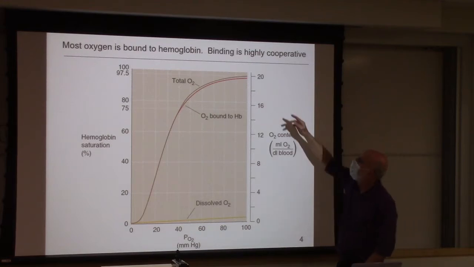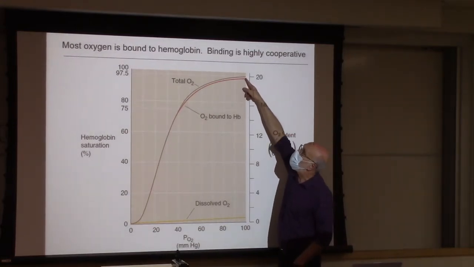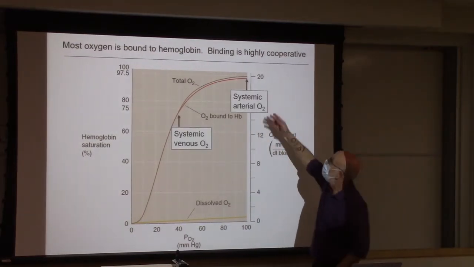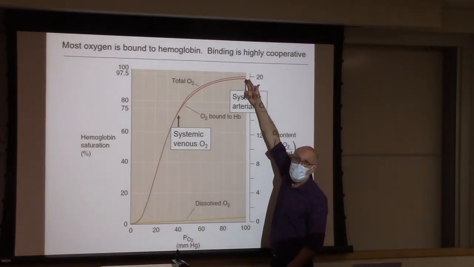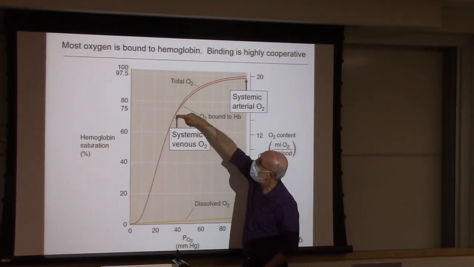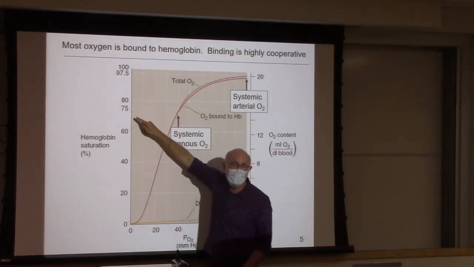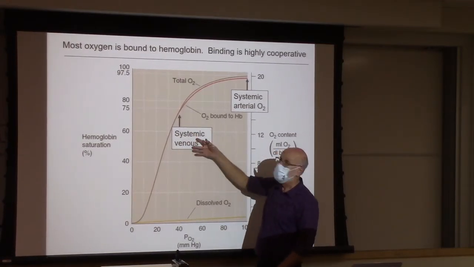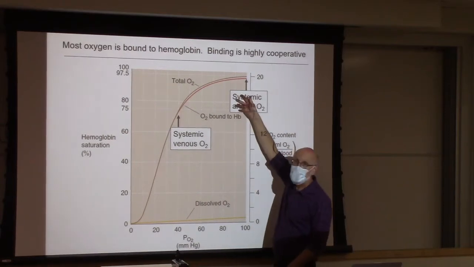So normally, arterial blood is 98% saturated with oxygen. Venous blood is about 70% saturated normally. So this is deoxygenated, and this is oxygenated blood.